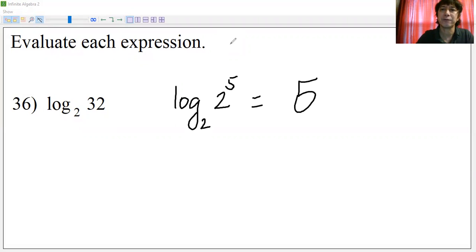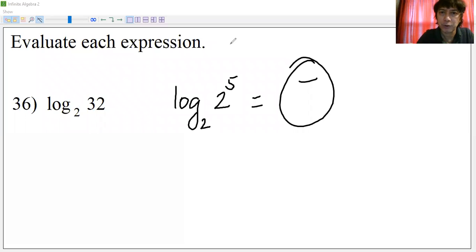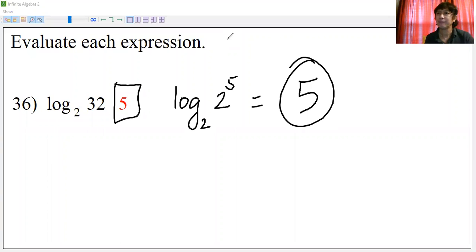And the answer, of course, is 5. There, it's a 5. You can see the answer over here and over there. That looks correct.